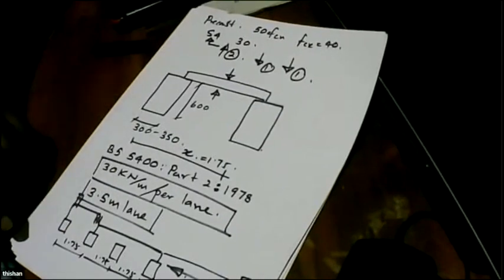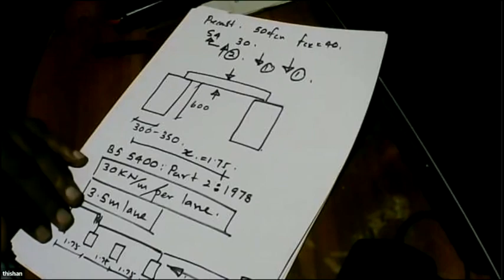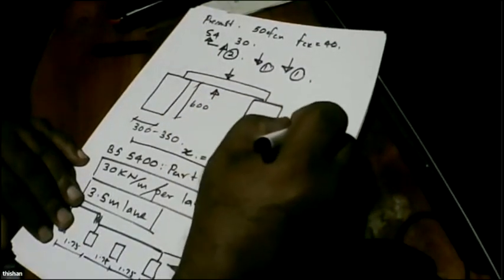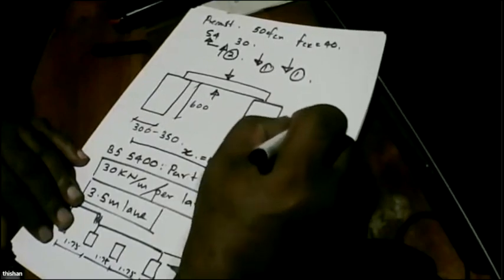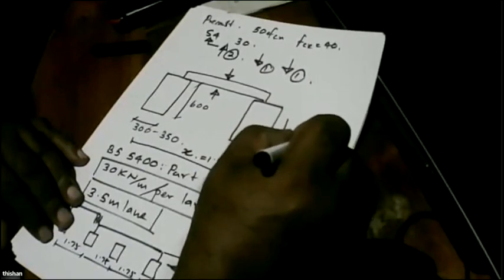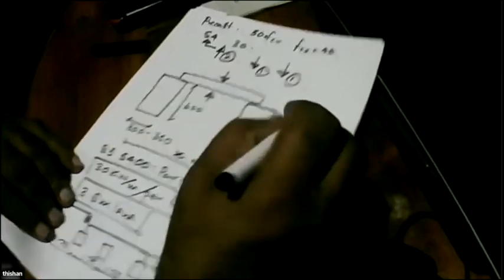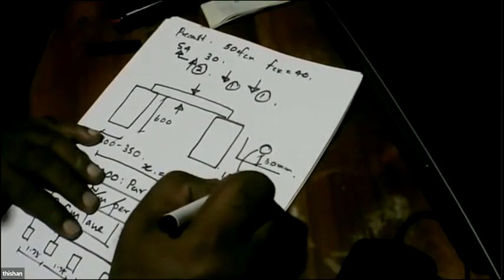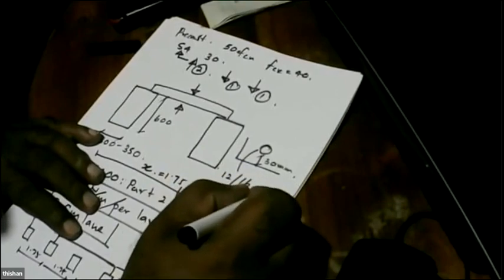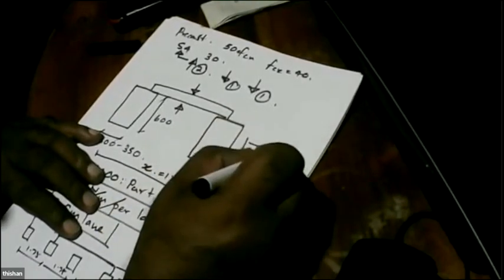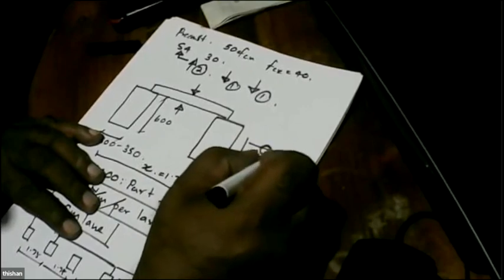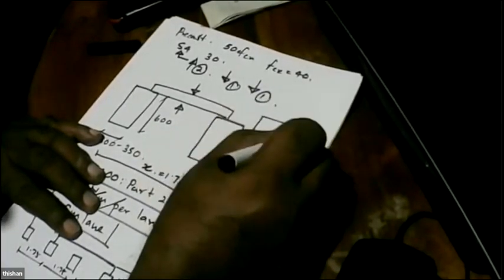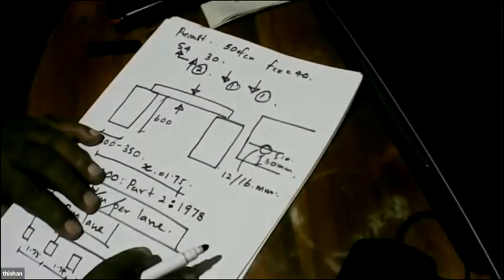When you look at the thickness of the panel, we know we need 30 millimeter cover to the reinforcement. And we might need 12 or 16 millimeter bars. So let's assume that we are going to get another 10 millimeter just to get some idea about the thickness of the panel.